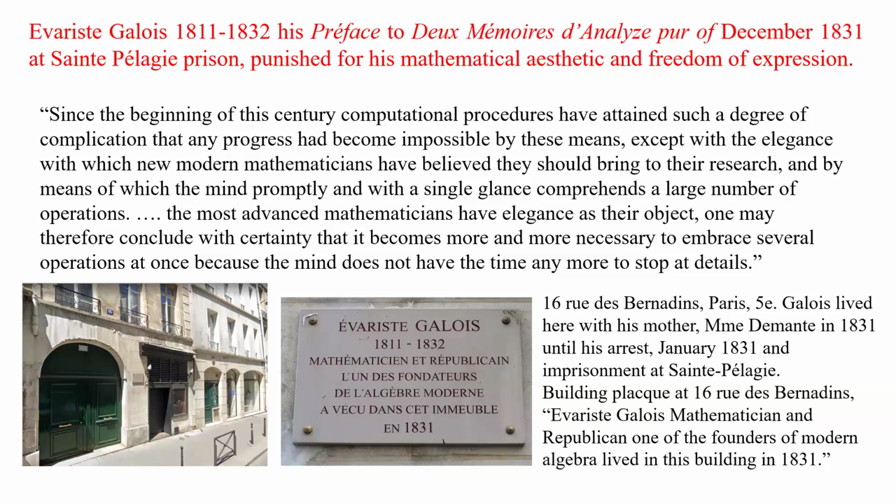The most advanced mathematicians have elegance as their object. One may therefore conclude with certainty that it has become more and more necessary to embrace several operations at once, because the mind does not have time anymore to stop for details.